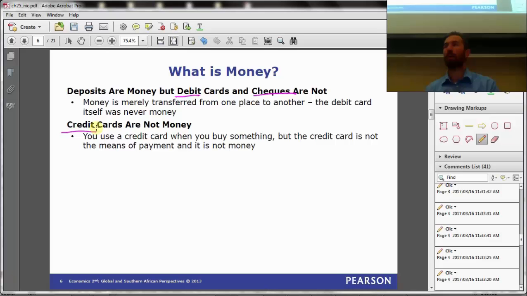When I use my credit card, I essentially enter into a loan agreement with the bank, right? I now agree to pay the bank back in some future period, right? I say, please deduct money from my account which I don't have and transfer it to someone else. That's what a credit card does, right?